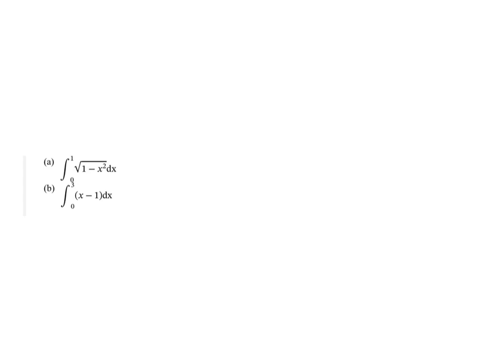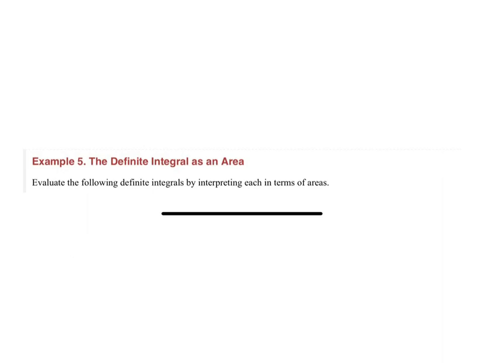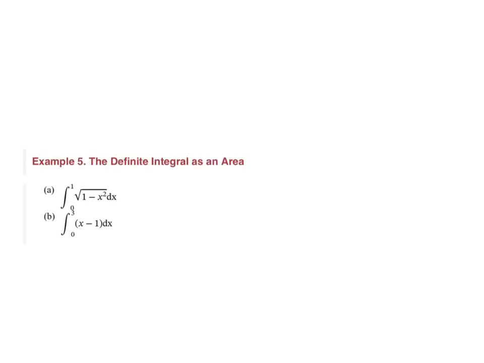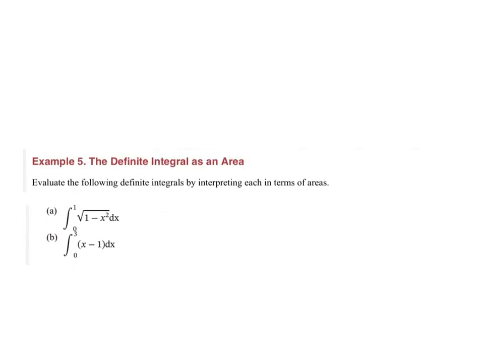This is example 5. Evaluate the following definite integrals by interpreting each in terms of areas. So far, they haven't taught us how to integrate yet, so you can't use that.